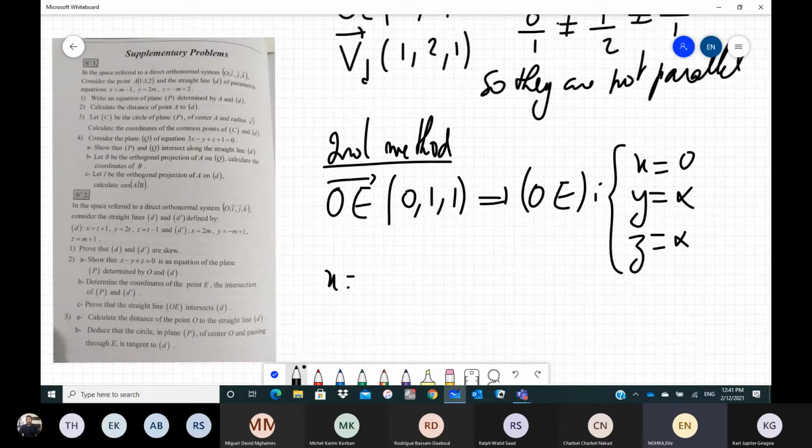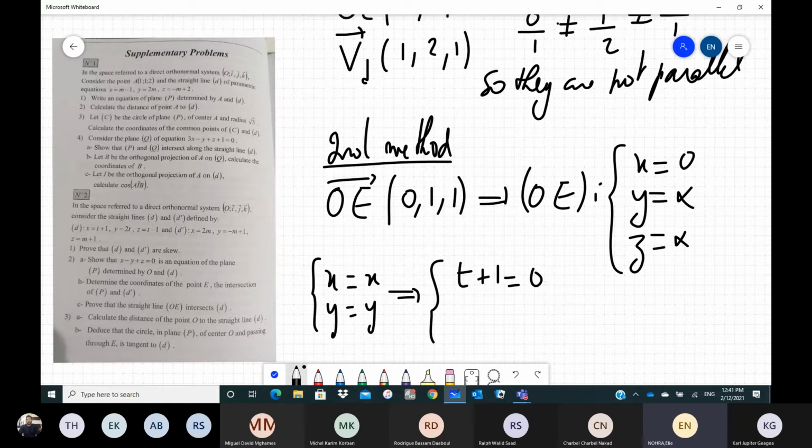Now let's find the intersection: x equals x and y equals y give t plus 1 equals 0 and 2t equals alpha. So t equals -1 and alpha equals -2.